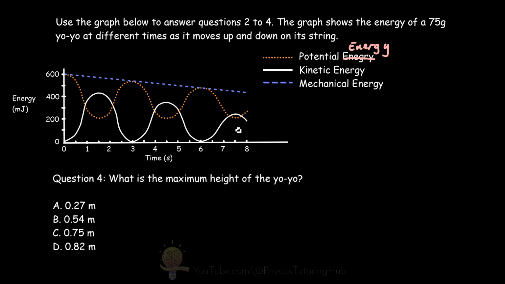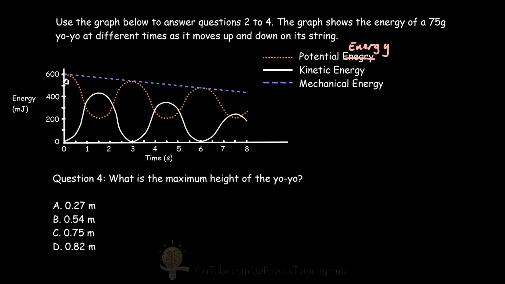Well, the maximum gravitational potential energy is right at the start at 0 seconds, because this orange dotted line here has a maximum peak at 600 millijoules at 0 seconds right up here. As time progresses, this yo-yo, as it moves up and down, slowly reduces its maximum height.